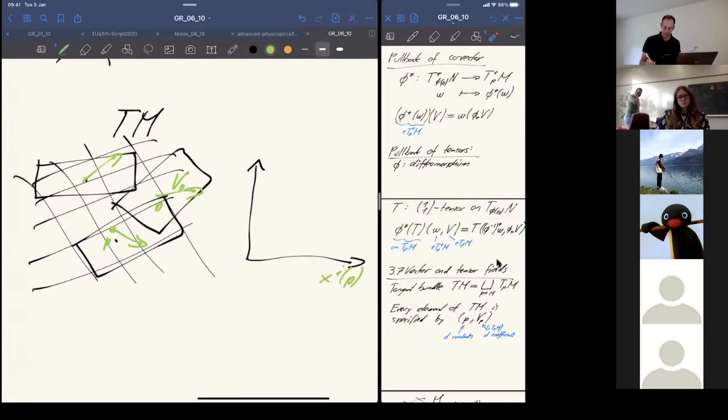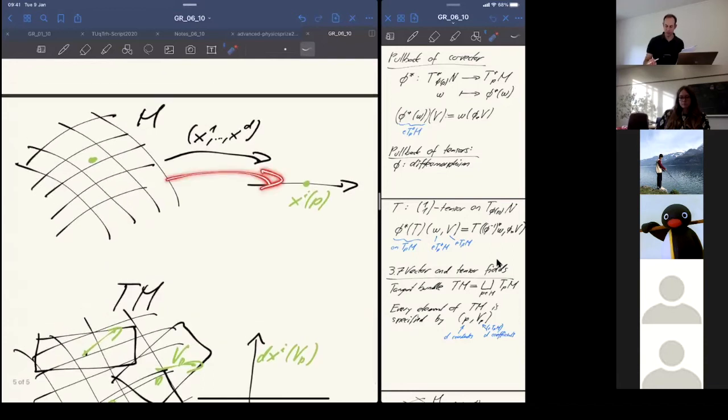A component of a vector I can extract by applying this function dxi. Remember, dxi is the function that gives back the coordinate of a vector with respect to a given basis that is defined in terms of the coordinates or in terms of the chart. So this object means the ith component of the vector Vp with respect to the basis of the tangent space that is induced by the chart map X.